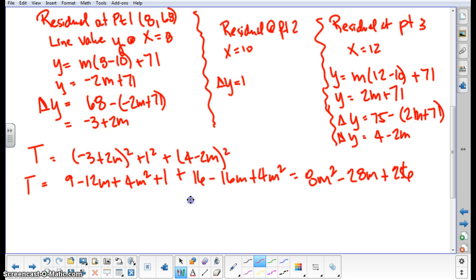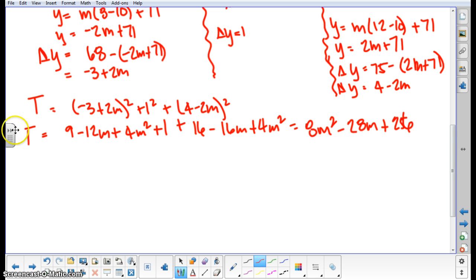Okay, so now to minimize the areas of these squares, we're going to take, with respect to the slope, dt over dm, which is 16m minus 28, and set that equal to 0.